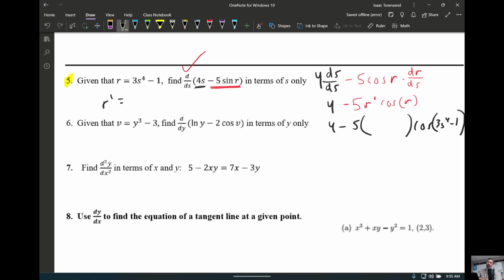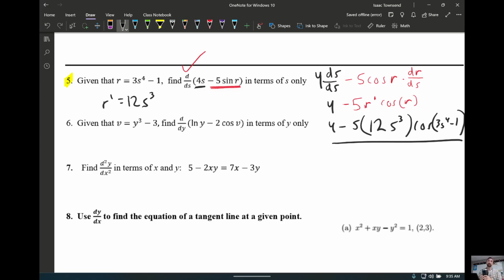So derivative with respect to s, derivative of the right side with respect to s. I don't need an s prime because they were s's. So instead of saying r prime, we could say 12s cubed. So same thing, it's just instead of r's and r primes, we're replacing it with s stuff. So something like that would be a good answer.